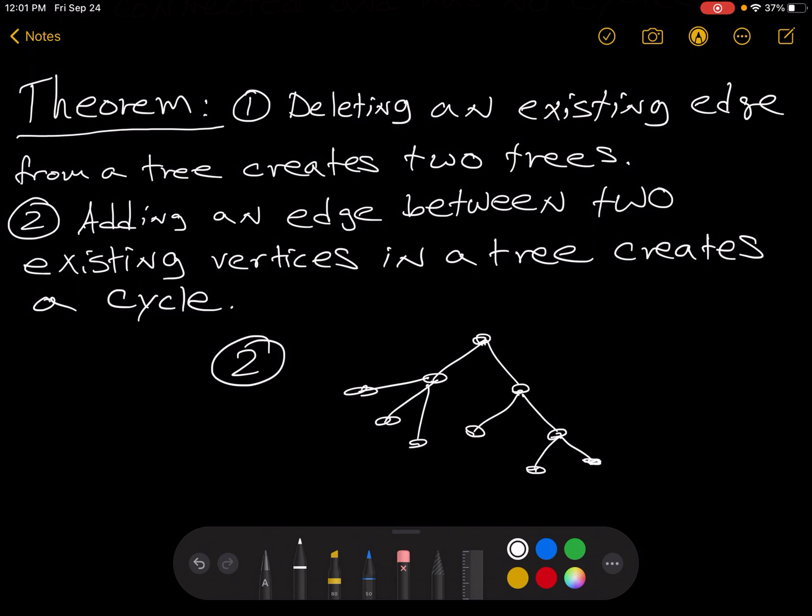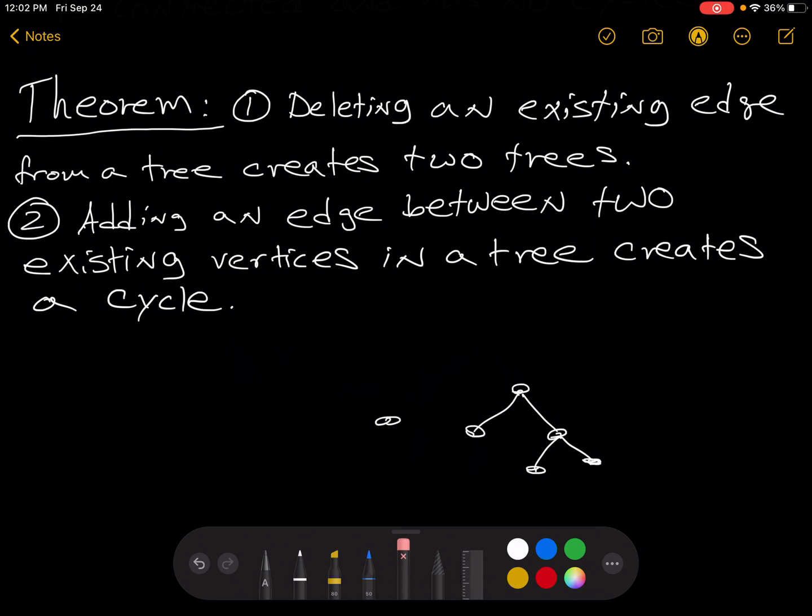Let's say the two vertices that we want to add a new edge between are like that one and that one. We go like that, and now look, we have a cycle. So this shows us that part 2 is true.